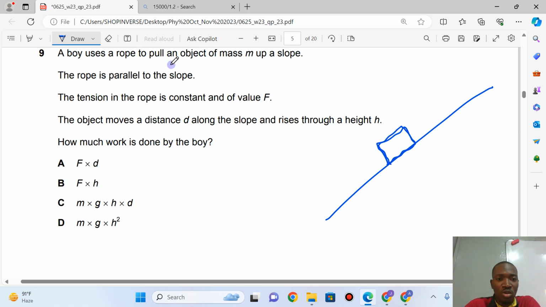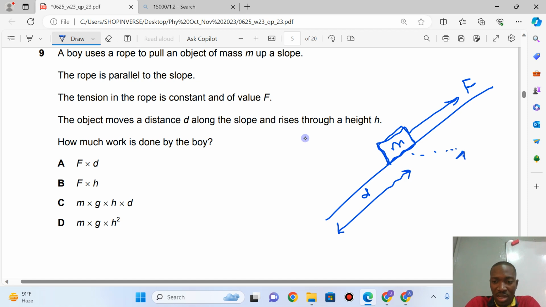So a boy uses a rope to pull an object of mass m. This is the mass of the object, and this is the rope. The tension in the rope is constant and of value F. The object moves a distance d along the slope and rises to a height h.